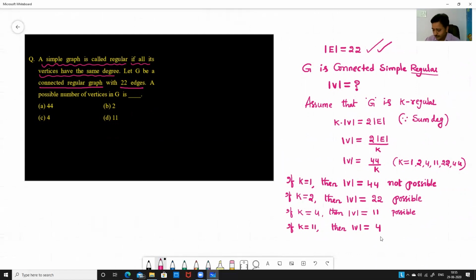If V is 4 vertices, then the minimum number of edges must be 4 minus 1, that is 3. And the maximum number of edges is n into n minus 1 by 2, that is 4 into 3 by 2, which equals 6 edges at most. But how many edges do they mention here? 22 edges. Therefore V equal to 4 is not possible.